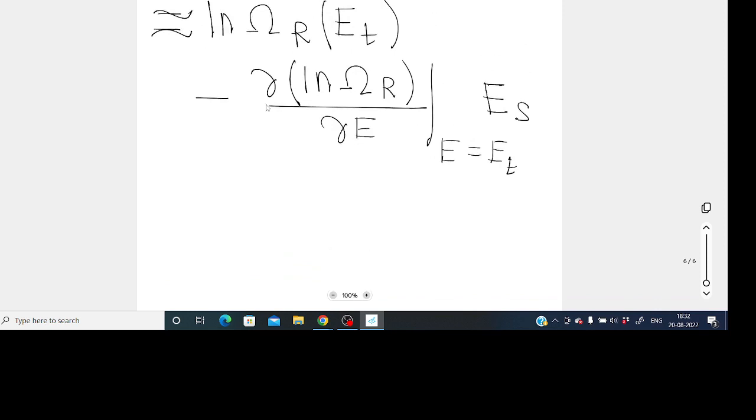In the first term, E_T is the total energy of the system and the universe. So this is constant, because we know that system plus universe is an isolated system and the energy of an isolated system is constant. So this first term is constant.